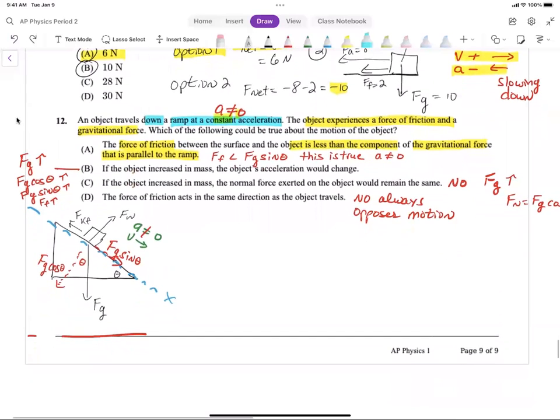And then B, if the object's mass is increased, the object's acceleration would change. Okay, that one I had to think about. If the mass goes up, force of gravity goes up, which means F_G sine theta goes up, which you would think would make the acceleration change.